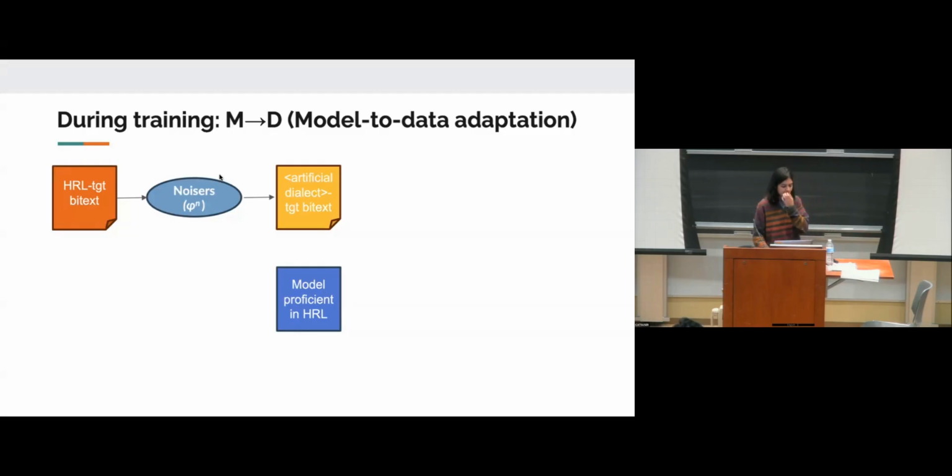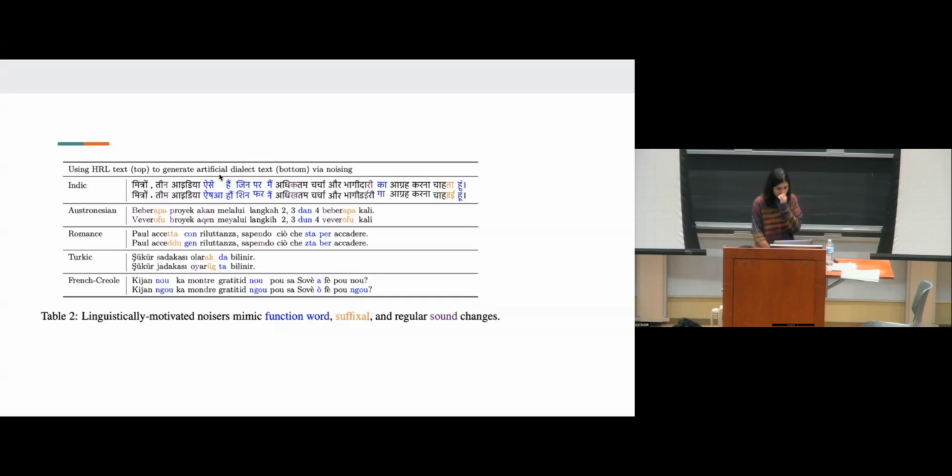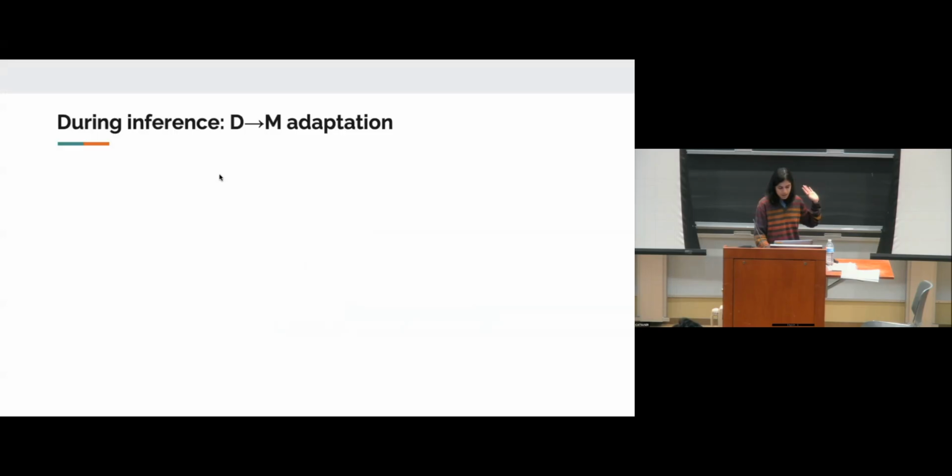At this point, your question becomes pretty relevant: do the artificial dialects that we generate look similar at all to real languages? We don't know, but we tried doing this and saw what happens. So we can fine tune our model on this data, and then we can hope that when it sees actual dialectal data, it'll work on it. Here are these same examples again.